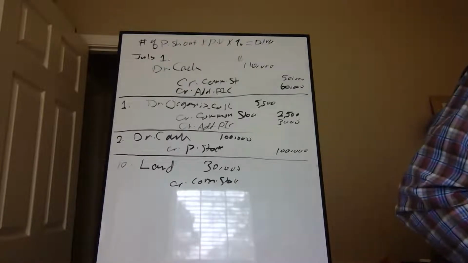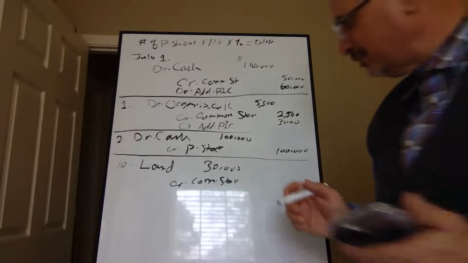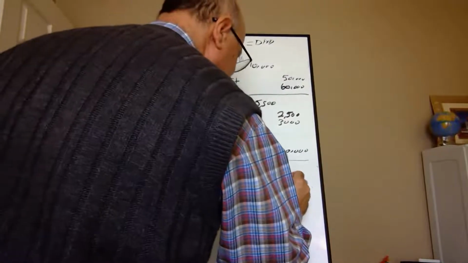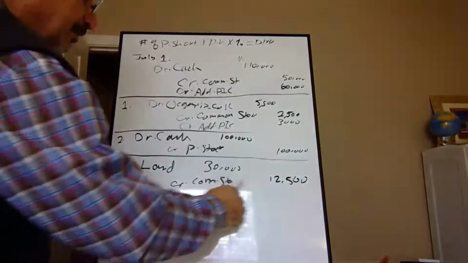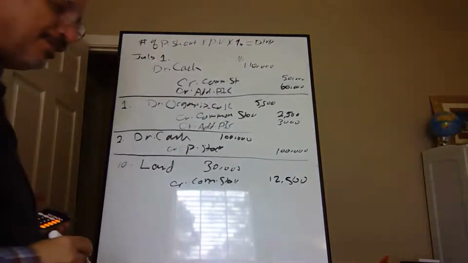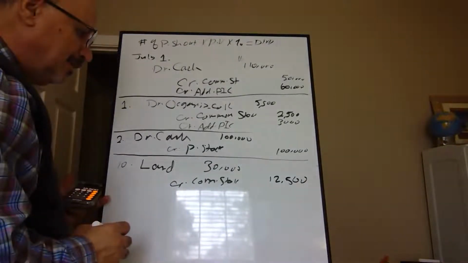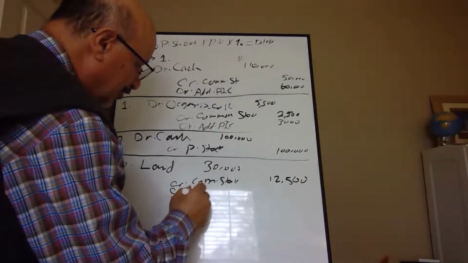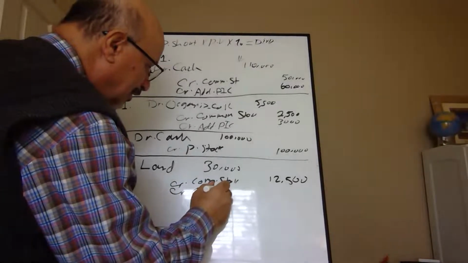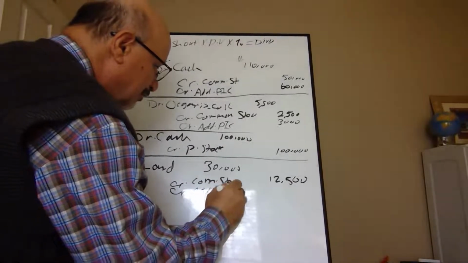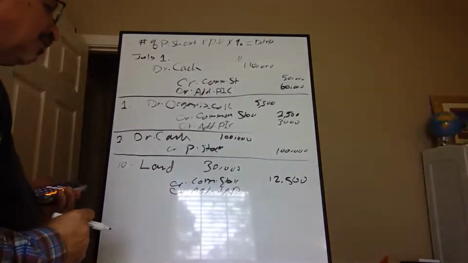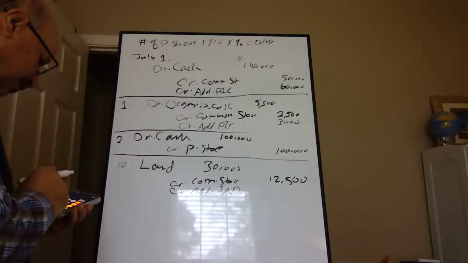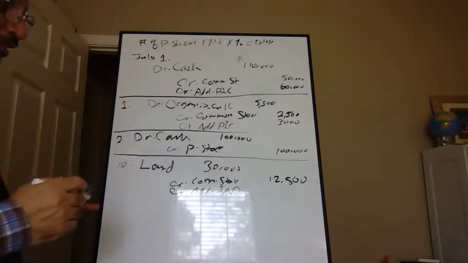So the value of the common shares is $12,500. And the difference is, as we know, additional paid in capital in excess of par value. Credit additional paid in capital in excess of par value, the difference between 30,000 and 12,500, and that's going to be $17,500.